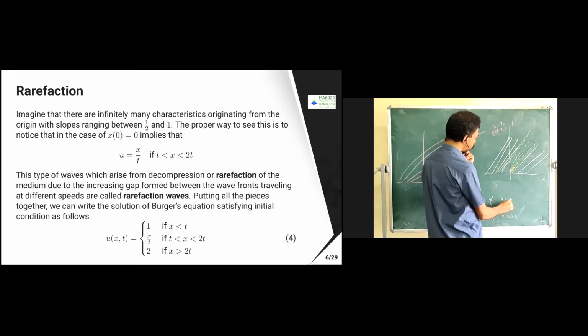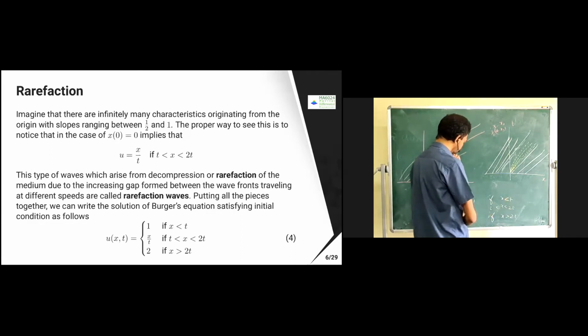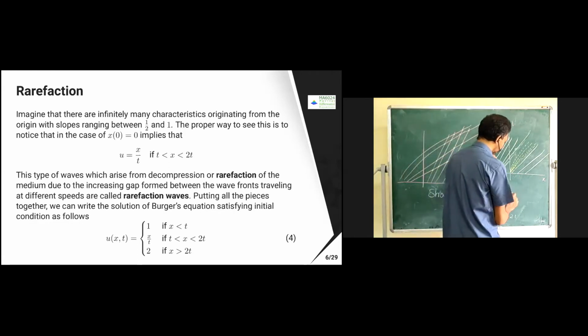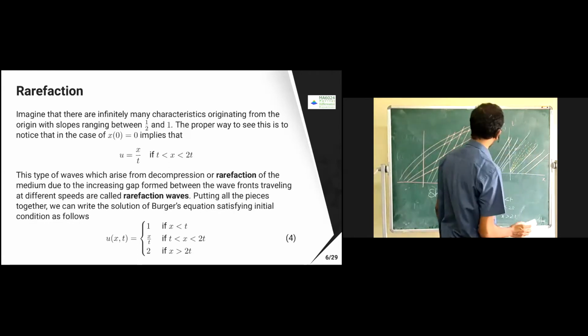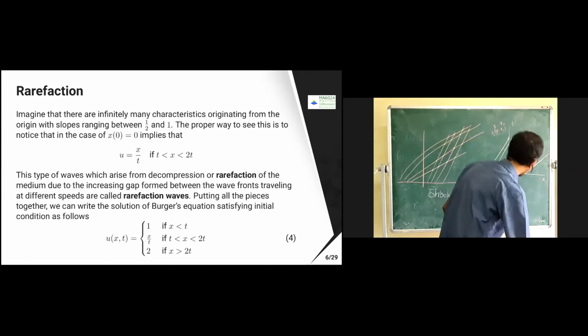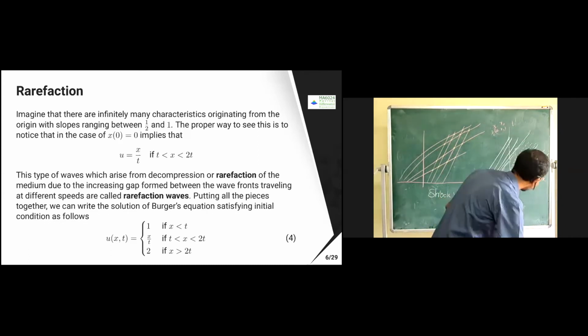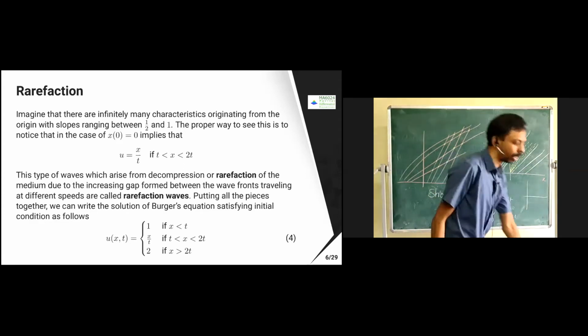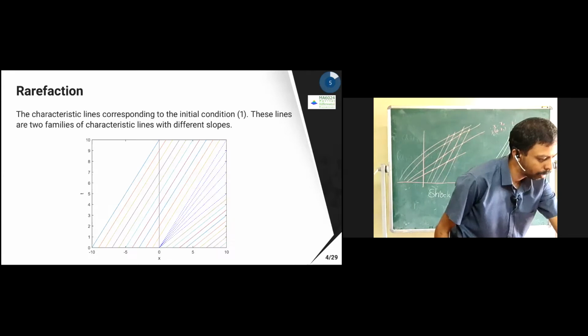Once you translate this in terms of u of x comma t, what is the corresponding u? I'll just draw another graph. See, my initial curve is this way. What is my initial curve?